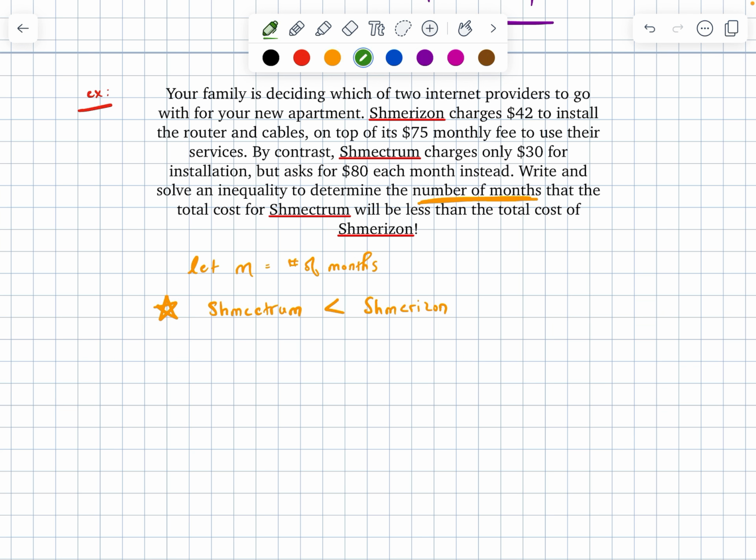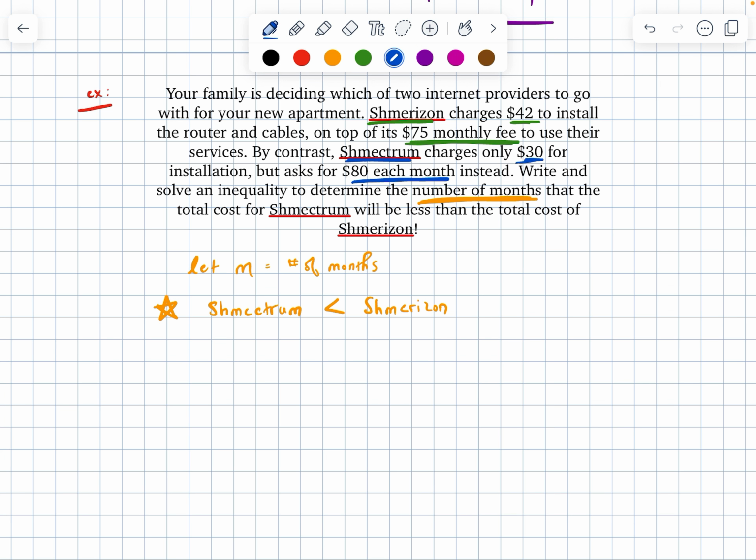What are the two things that make up each one? Maybe Schmerizon is in green and Schmectrum is in blue. For Schmerizon, I've got a $42 installation fee, which just happens once. And then every month, I charge $75. For Schmectrum, I charge $30 for my one-time installation and then $80 each month.